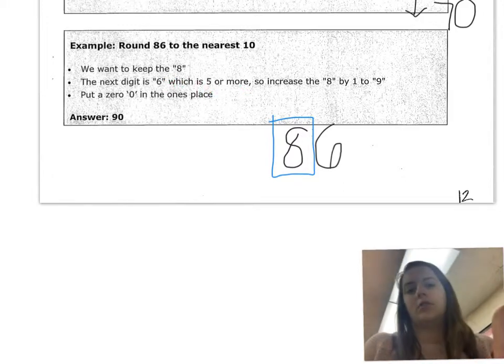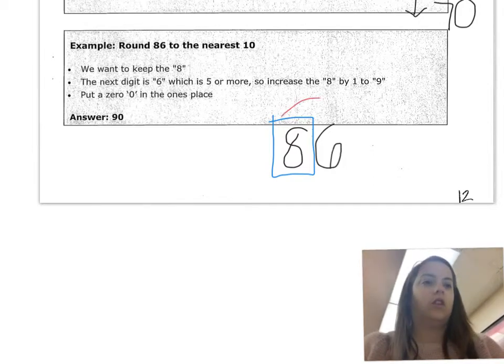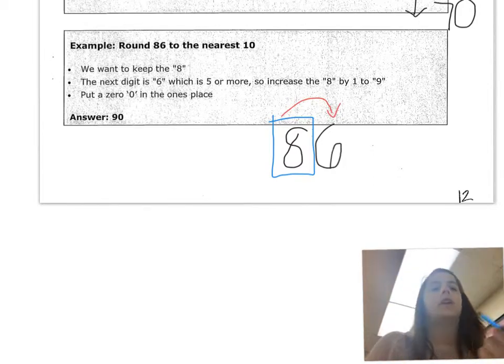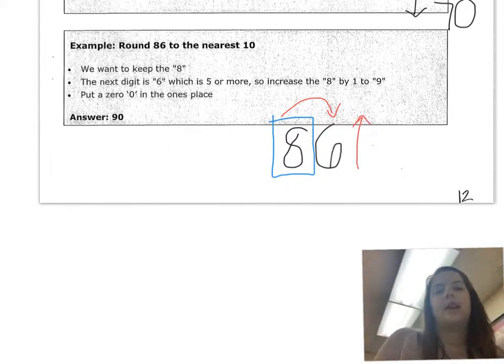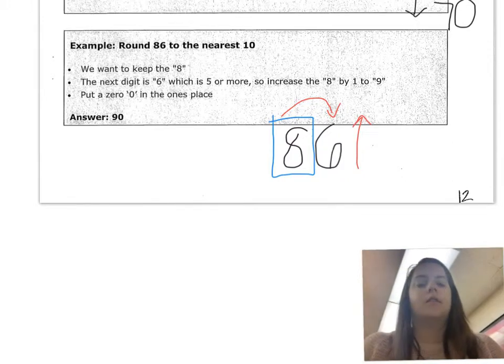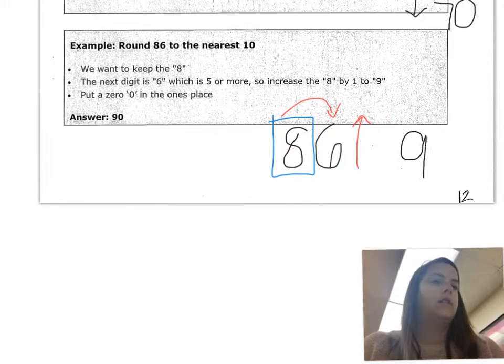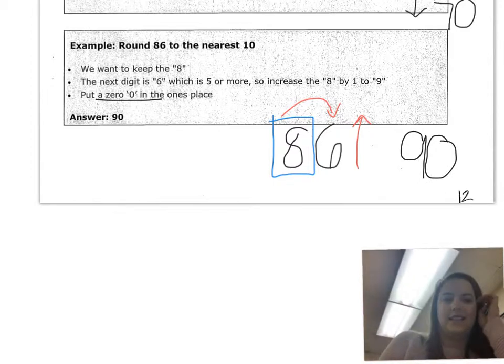We look next door. This is a 6. It's 5 or more, so we're going up. We're going to bump the 8 up to a 9, and we're going to put a 0 in the ones place, and our answer is 90.